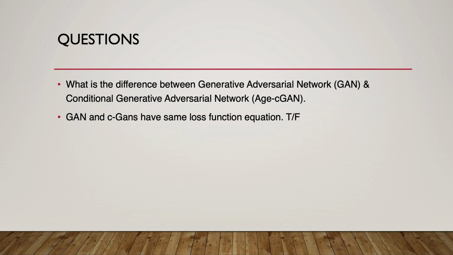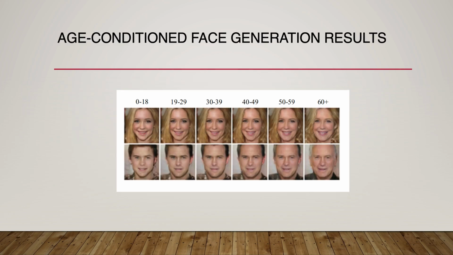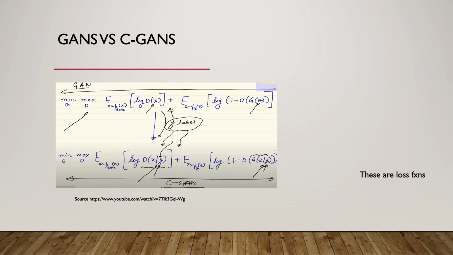The easiest way to show you this is from the loss function. For the loss function of the c-GAN, the generator and the discriminator models are conditioned on the class label or other modalities, as we can see in the second row. But GANs are not conditioned on that, so that is the main difference.